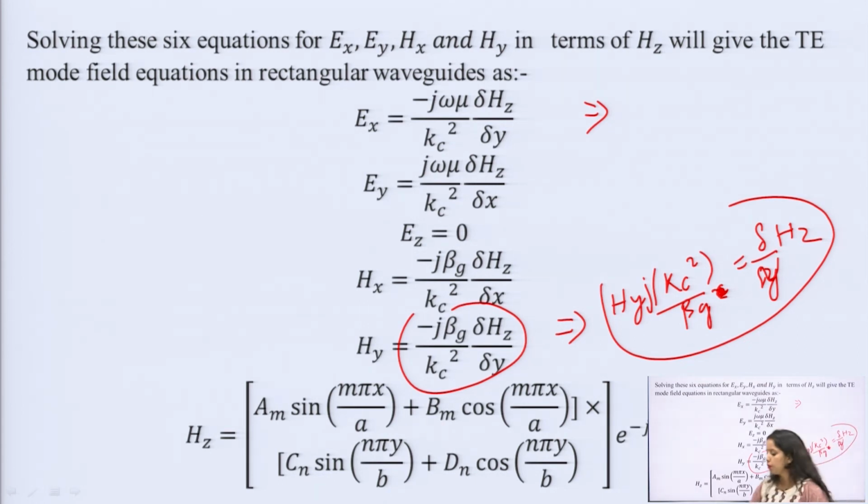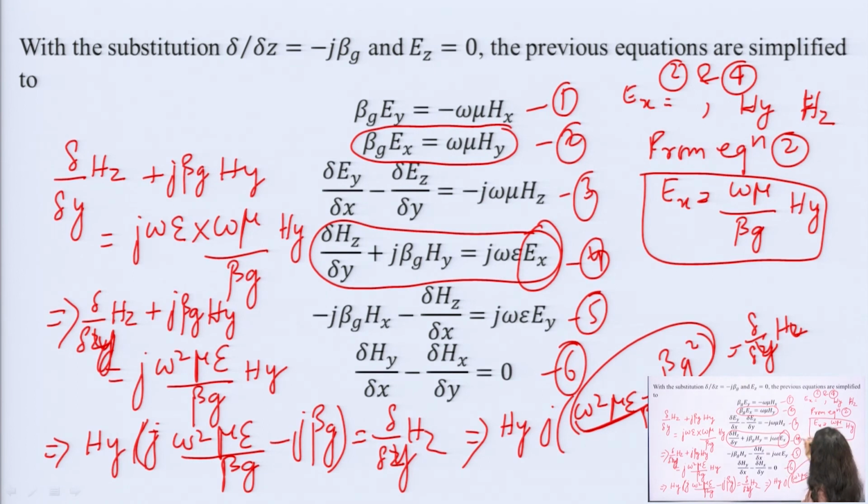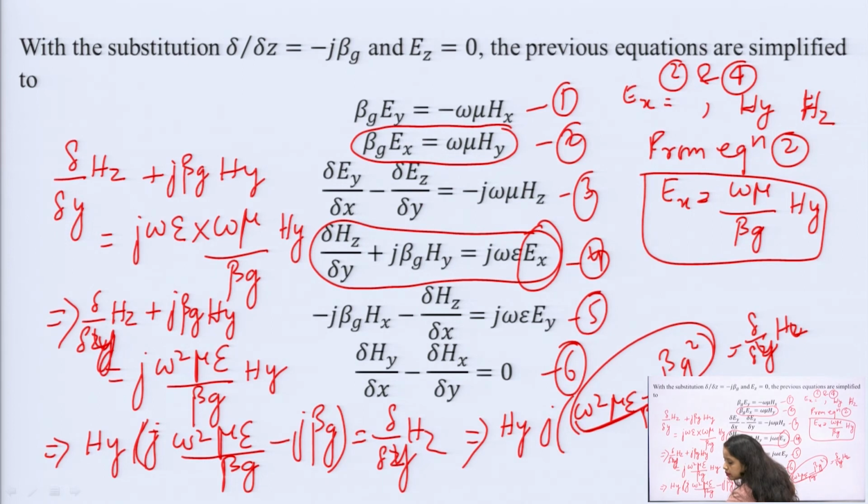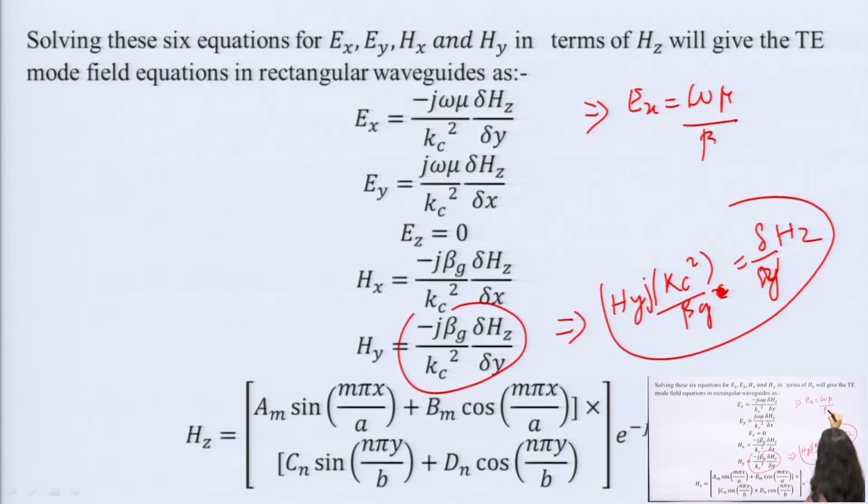So, we know that Ex is equal to omega mu beta g Hy.